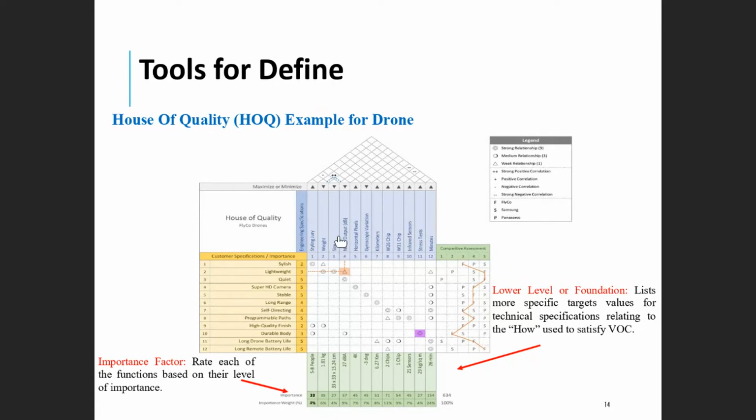Now, for the technical requirements, they listed the design requirements for this drone, starting also from 1 to 12. Now, in most cases, you will have a design requirement for each of the customer requirements. Sometimes you have more, sometimes you have less.